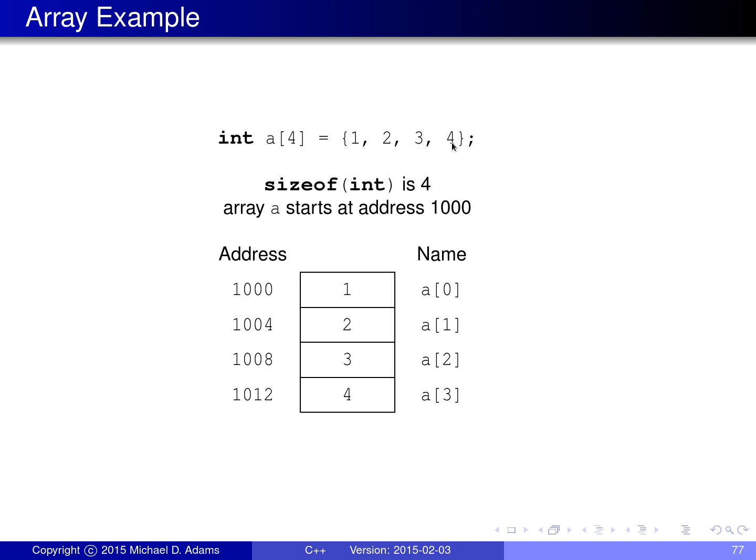And for the purpose of this example, I'm going to assume that the amount of bytes in memory that are required to store a single int is 4. And for the sake of this example, I'm going to assume that the array A is stored starting at memory location 1000. In other words, it's stored starting at address 1000 in memory. So the picture of how this array would be laid out in memory looks like what's shown down below here.